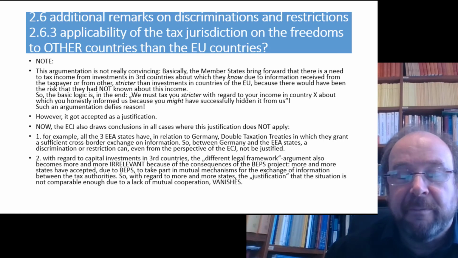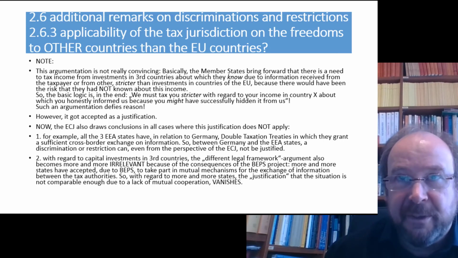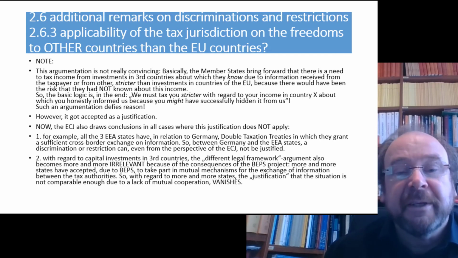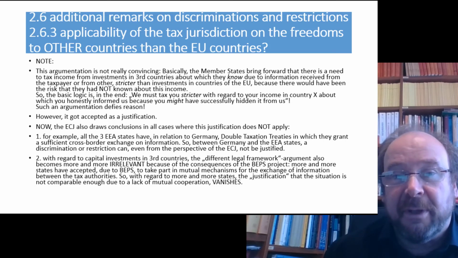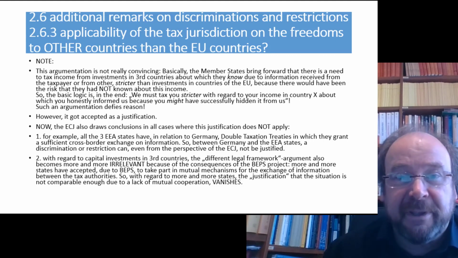And so that pretext, well, there is no cooperation between the fiscal authorities of the two countries involved, so that means that we need to apply stricter tax rules because the situation is not comparable.